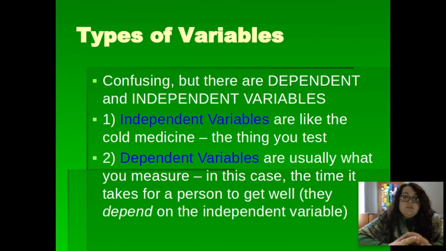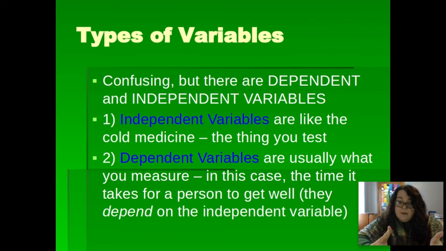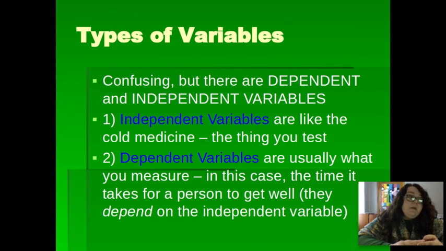Yeah, so this is what you're testing, this is what you're changing, this is what you're manipulating. The dependent variables are what you measure. So in this case, it's the time it takes for a person to get better. It depends on the independent variable. So it's what you're measuring. It's what changes because of the independent variable. So your independent variable is this, and this happens because of that.